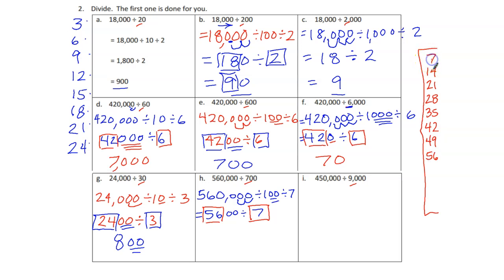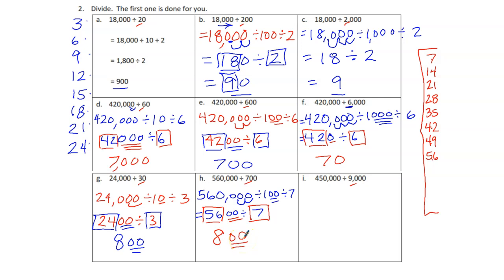So that's 1, 2, 3, 4, 5, 6, 7, 8. So if 56 divided by 7 is equal to 8, then 5,600 divided by 7 is equal to 8 what? Hopefully you said 800.